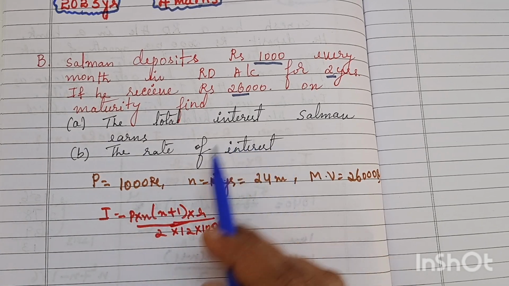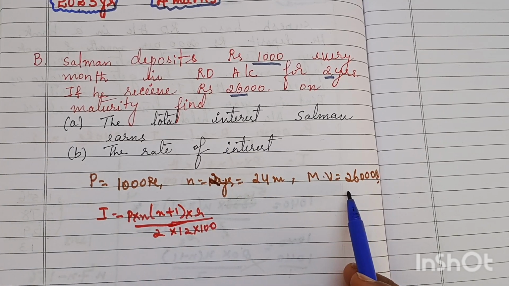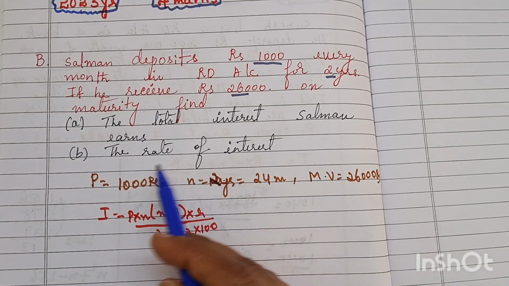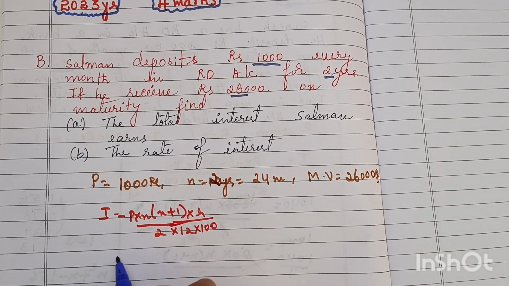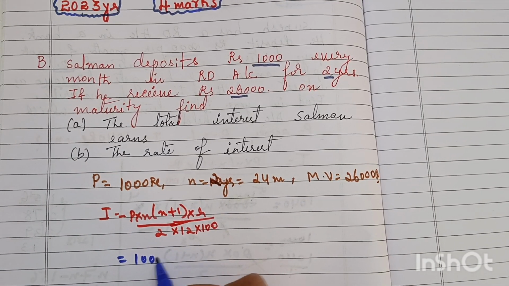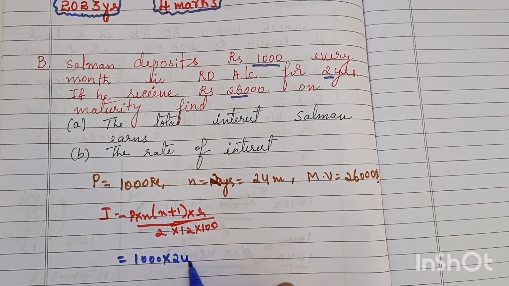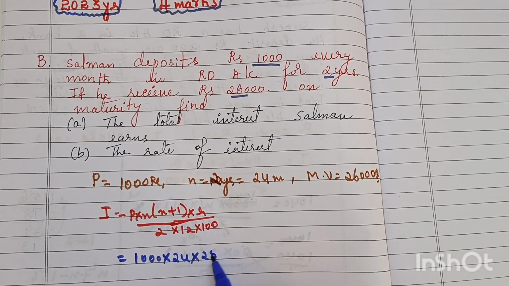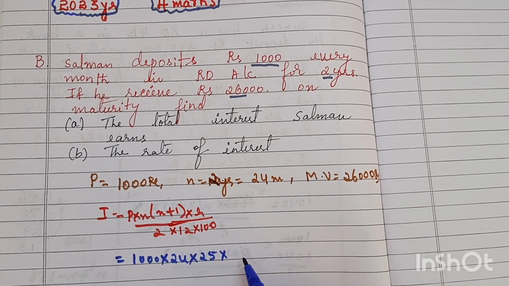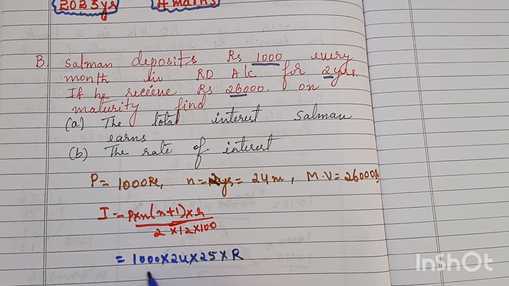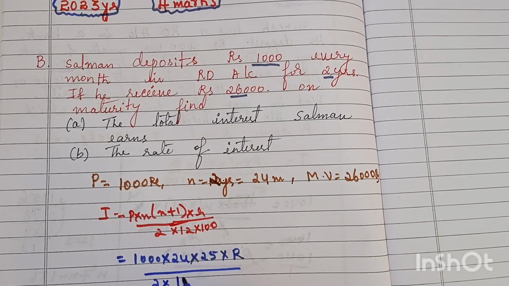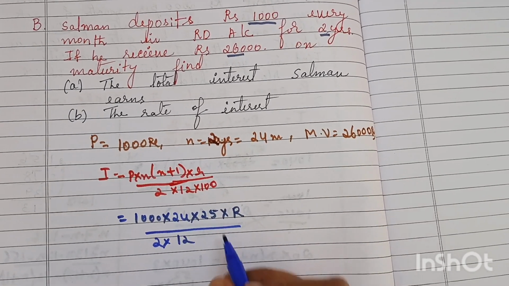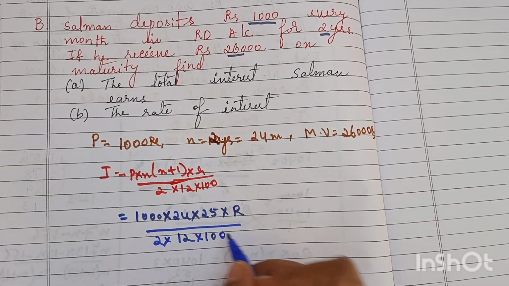Then maturity value is given, no? Maturity value is given. So with the help of this, we can solve the rate of interest also. So principal is 1000 into number of months 24 into n plus 1, which becomes 24 plus 1, is 25, into rate of interest R, which is not given, divided by 2 into 12 into 100.